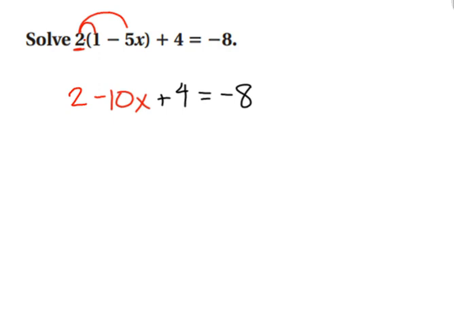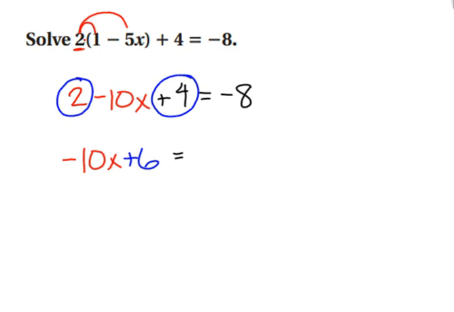Okay, just like before, combine like terms before we solve. So positive 2 plus 4 is 6. That's a positive 6, so I'll put the plus sign in front. Negative 10x is just going to stay negative 10x, and then we still just have equals negative 8. So the two-step equation that we have now says negative 10x plus 6 equals negative 8.